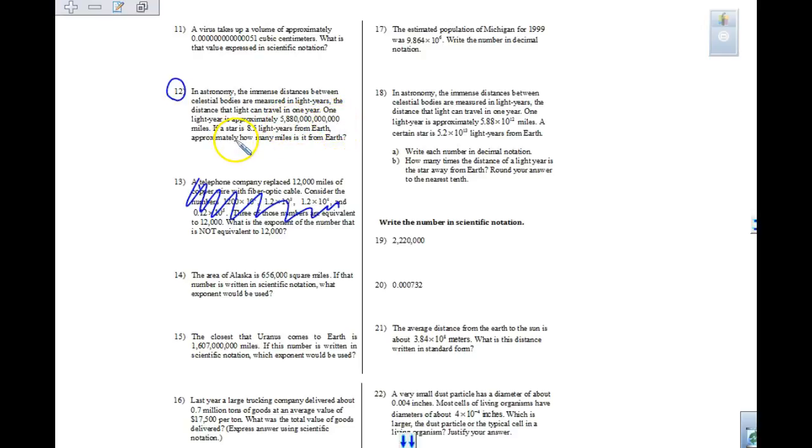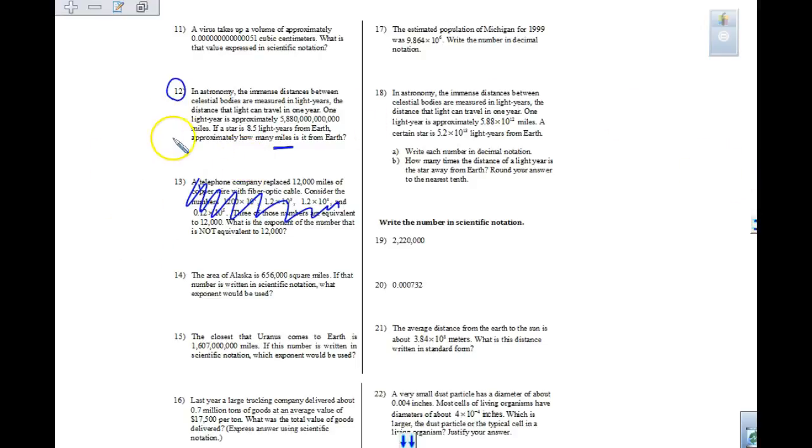Miles. And it says a star is 8.5 light years from Earth. How many miles is this? Should we multiply and subtract or divide? Add, subtract, multiply, divide. Okay, are you sure? Yes, I'm really sure. Divide?